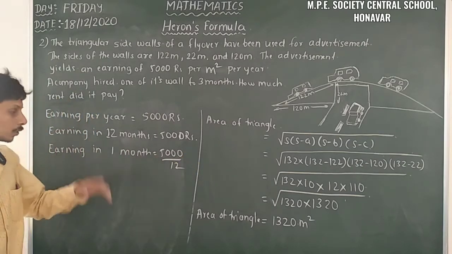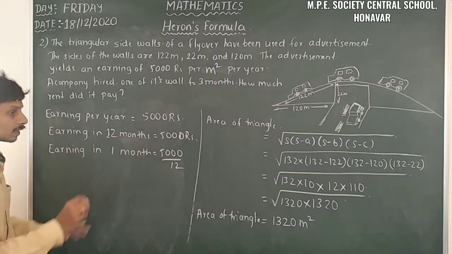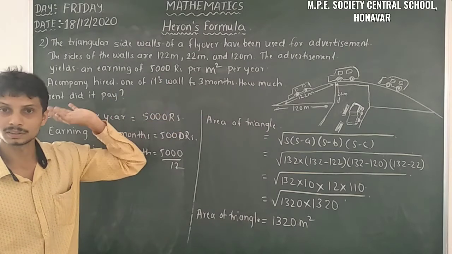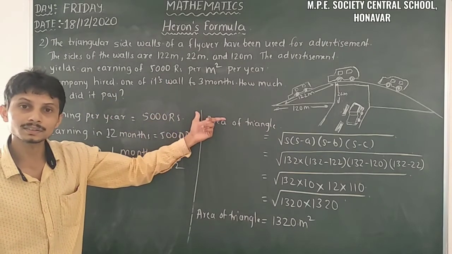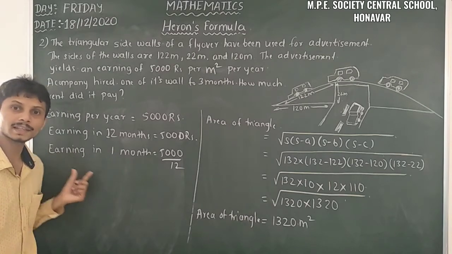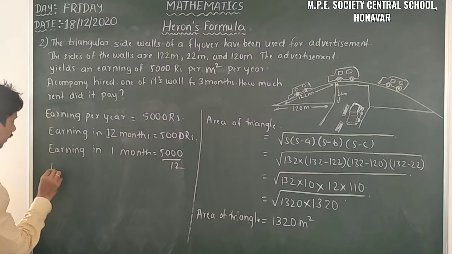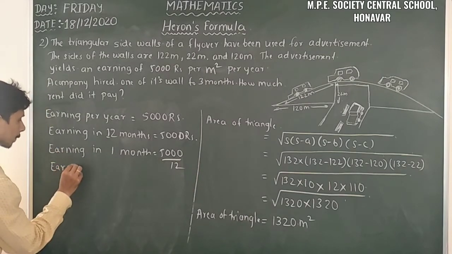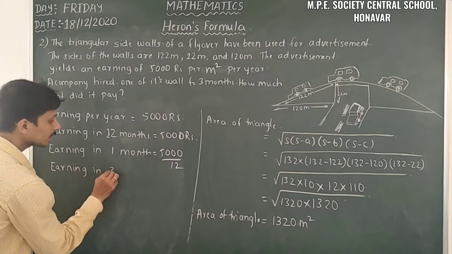5,000 divided by 12. Then here we want earning in 3 months. How much it earns in 3 months we have to find. For that we have to multiply by 3 on the LHS side and the RHS side. That is earning in 3 months.